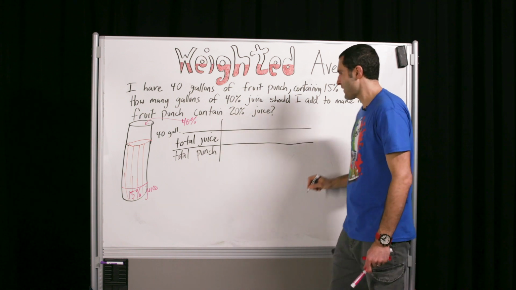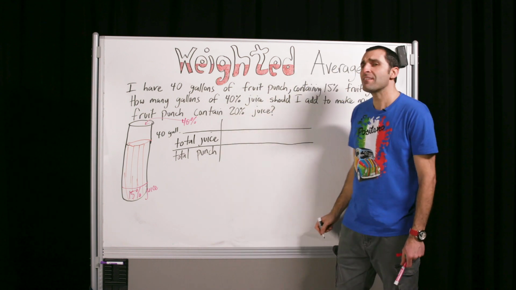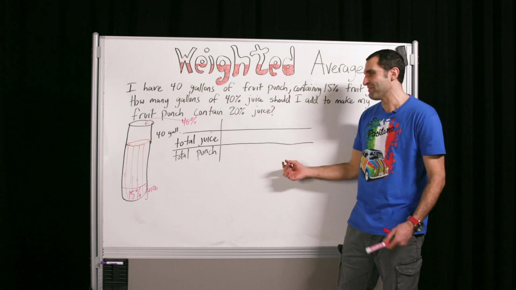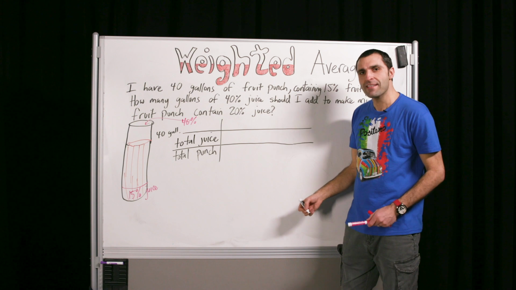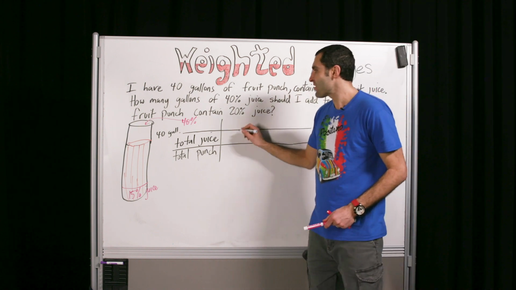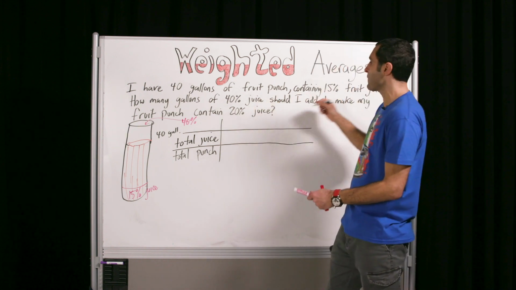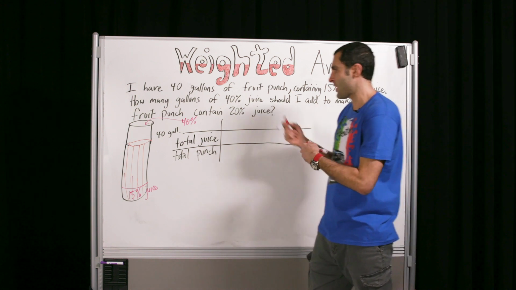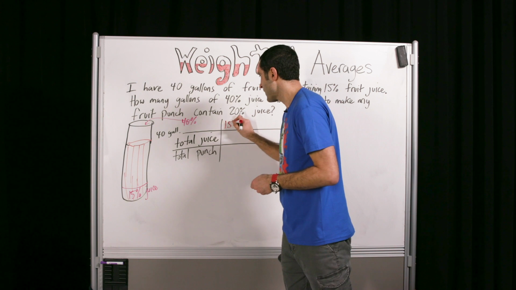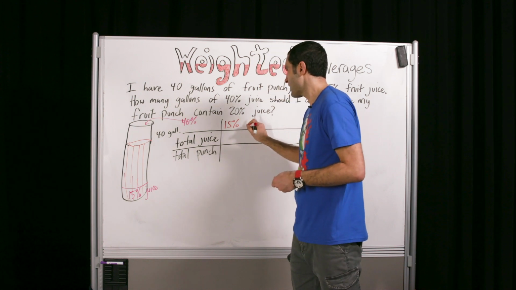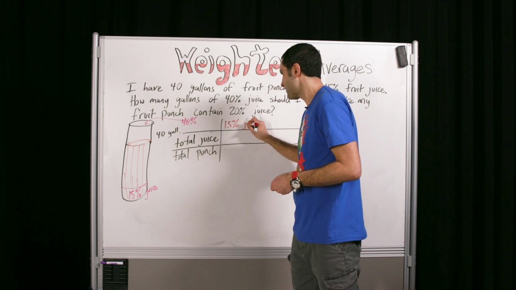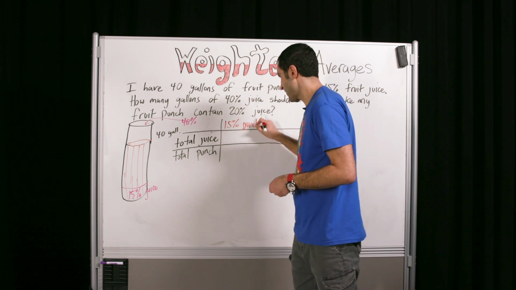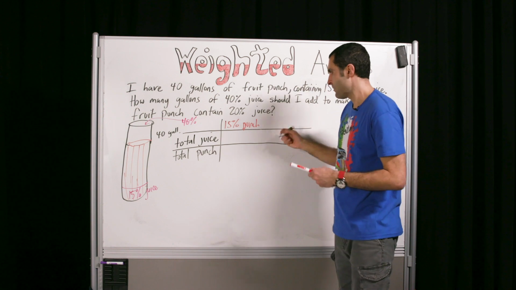When I work with students on this, and they say, not the juice problem, this is what they mean. Not the juice problem. But really, let's try it together. So first, what kind of juice do we have? We have the 15% brand, so the 15% is right here. We have the 15% juice problem, 15% punch, you could say.